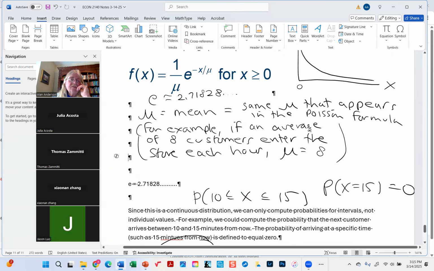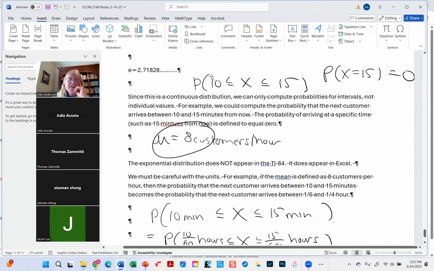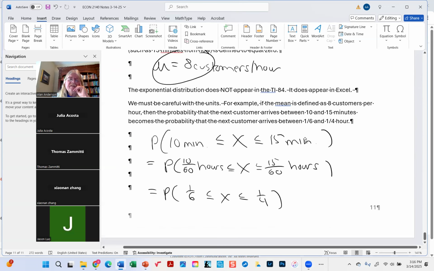If you notice, the mean is defined in terms of 8 customers per hour. This is in terms of minutes. So here's what we'd have to do to answer this question. We'd have to change it from 10 and 15 minutes to 1/6 of an hour up to 1/4 of an hour to be consistent with the mu. So that we'll discuss when we start doing these problems.